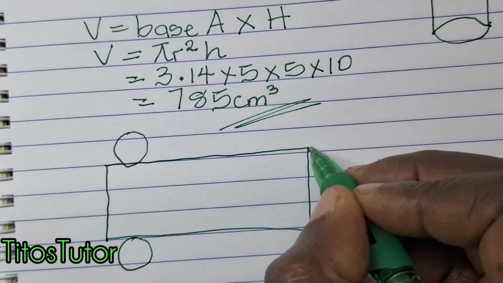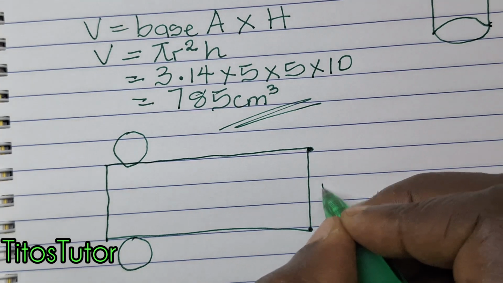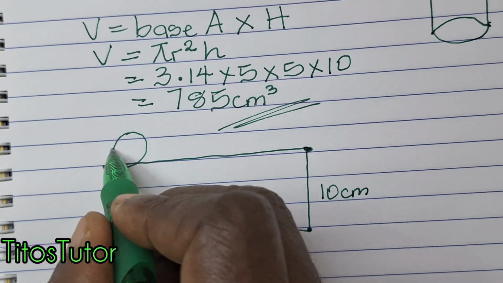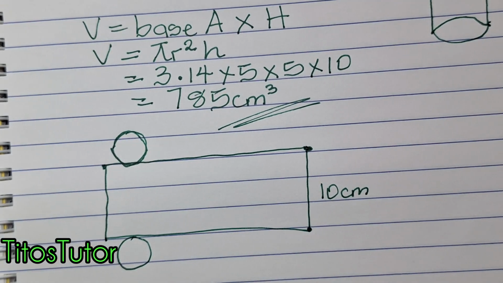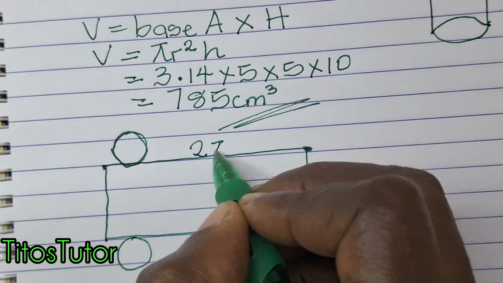Remember that the height is always the breadth of your curved surface. So the height is 10 cm. But the length is that part that goes round your circle. So that's the circumference. And remember, the formula for circumference is 2 pi r.